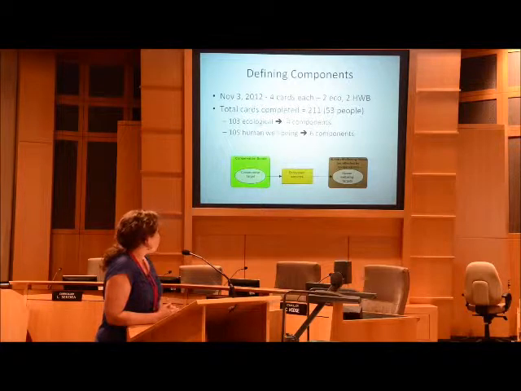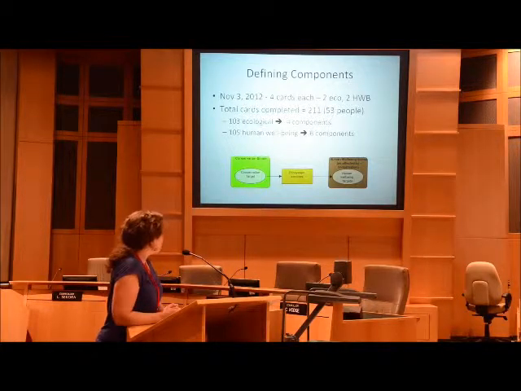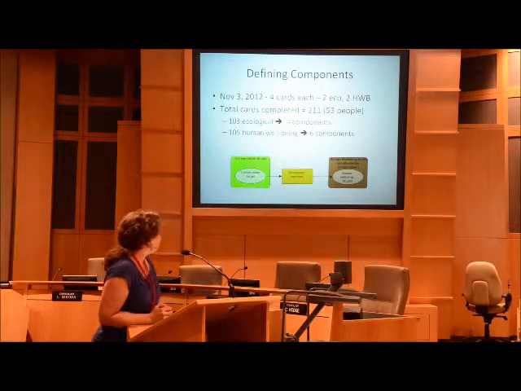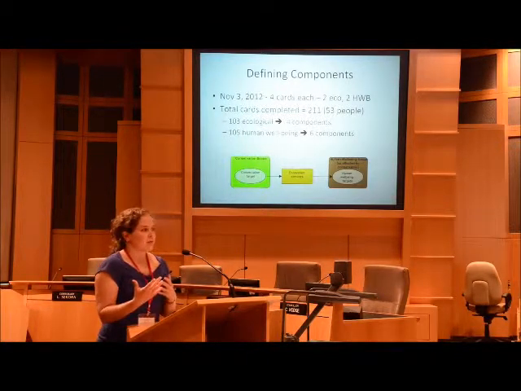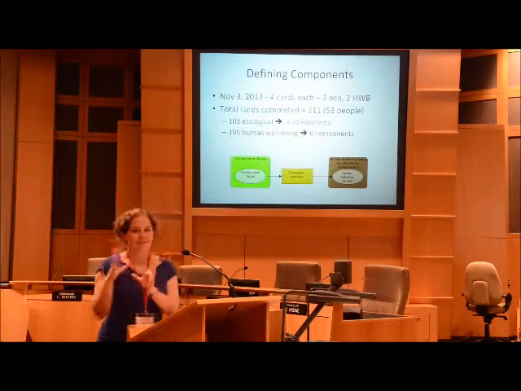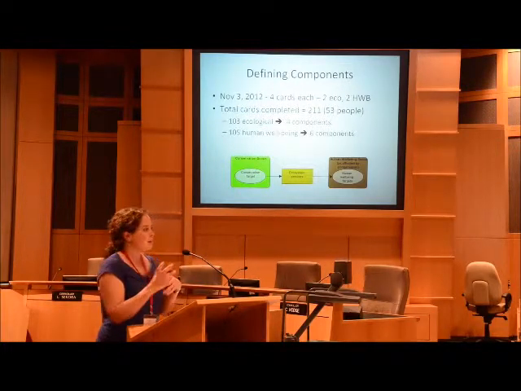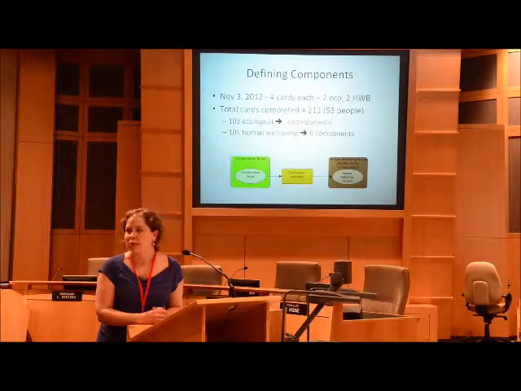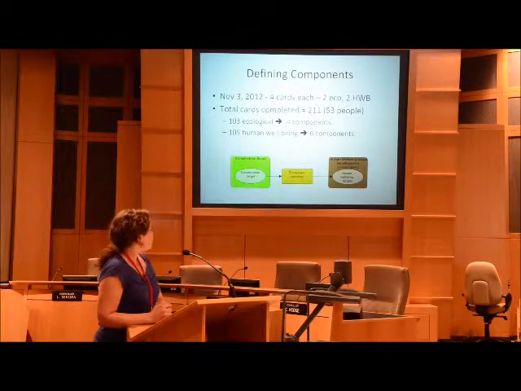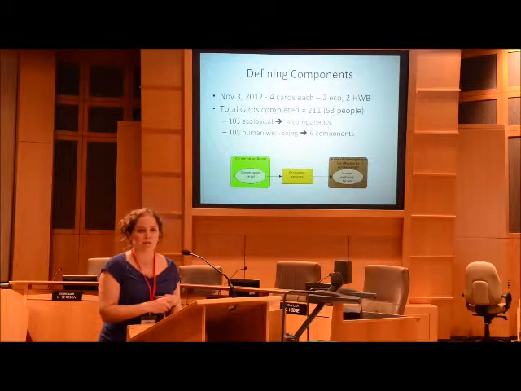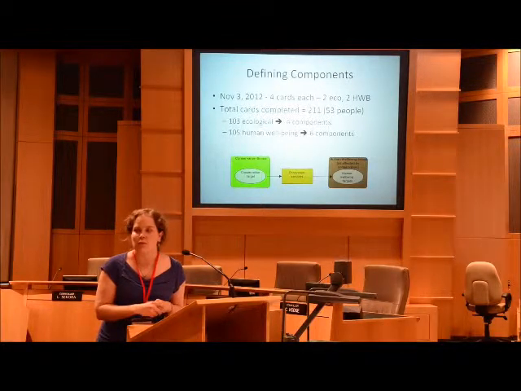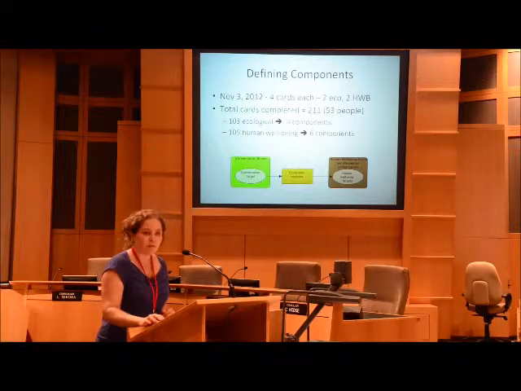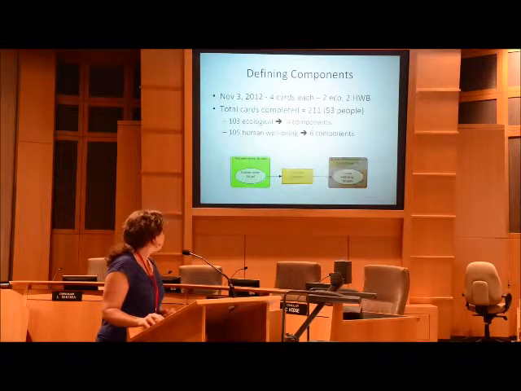In total, we ended up with 211 cards representing input from about 53 people. And through an iterative process, we tried to group the feedback and come up with a system that would work well for our watershed plan. And we boiled it down to 4 ecological components and 6 human well-being components. And I'll give you a quick overview of what those are.